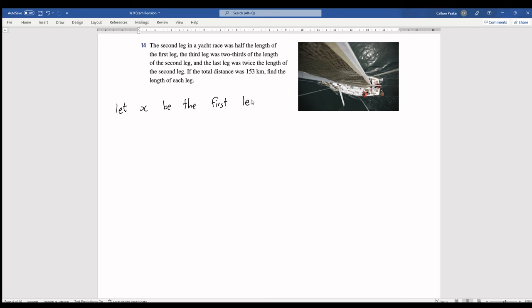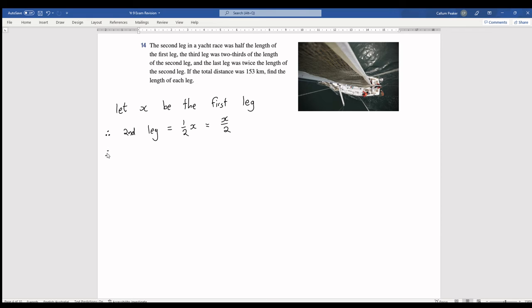Let x be the first leg. And we're told that the second leg is half the length of the first leg. So we can say, therefore, the second leg is equal to a half x, which is the first leg, or in other words, that's x divided by 2. We're also told the third leg was 2/3 of the length of the second leg.